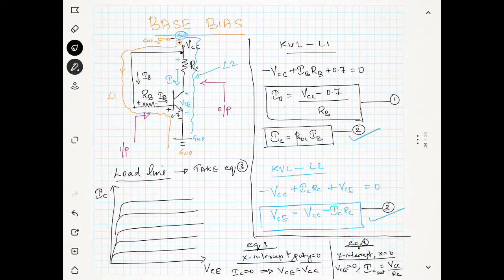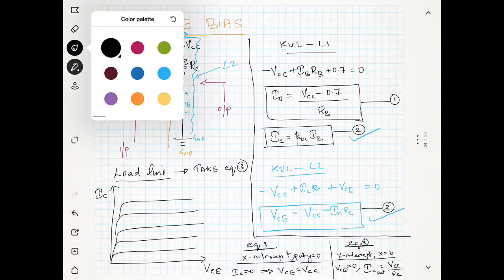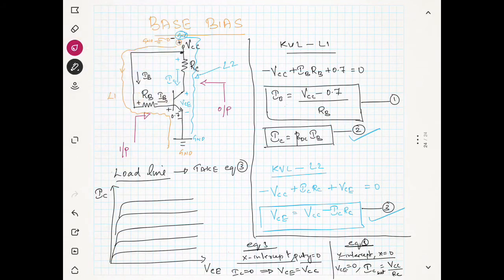So we got the x-intercept, VCE equal to VCC, and the y-intercept, IC sat equal to VCC over RC. Now we can draw the load line.